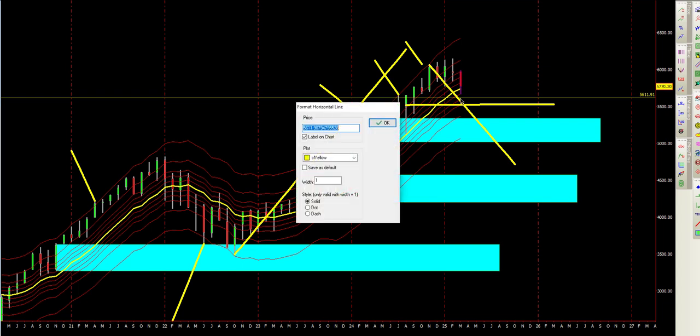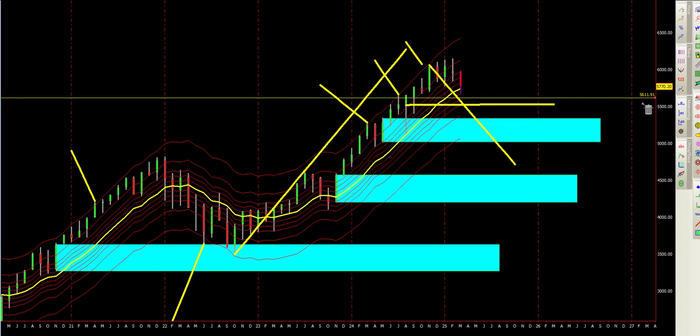Look at these bodies. This is just a game of psychology, nothing else. Supply and demand. Now we are looking at supply and demand, nothing more.